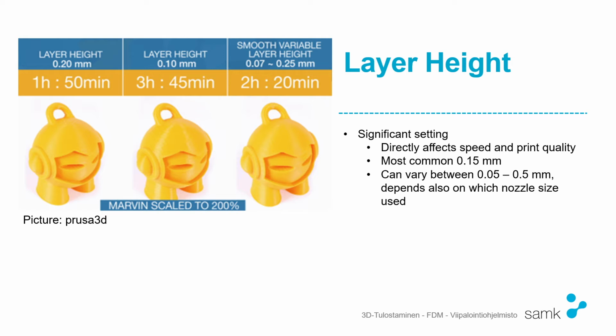So if you use a nozzle which is 0.4 millimeter diameter, you should use 0.2 millimeter layer heights. And if you use a nozzle of 0.6 millimeters, you should use a layer height of 0.3. That's the rough estimate. But of course, 0.15 is a bit more detailed than 0.2. Again, this depends on the person's own preference.